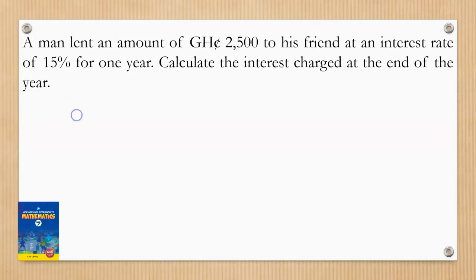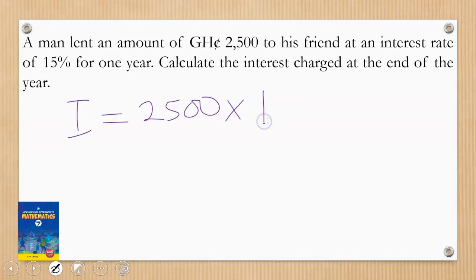We know that our interest can be calculated based on this: the interest is equal to the principal, the money that was given to the friend, 2,500, times the time frame, which is 1 year, so 1. And then the percentage interest, or the rate of interest, is 15 over 100.